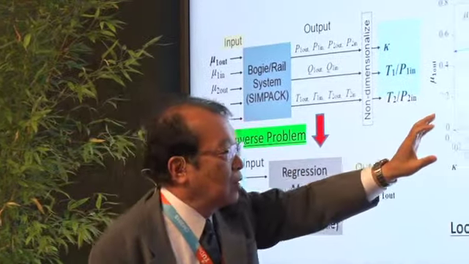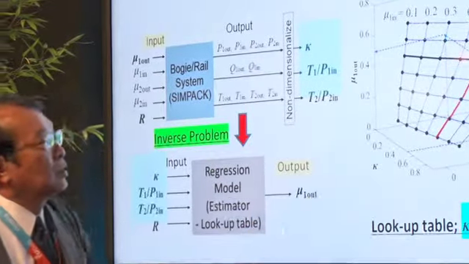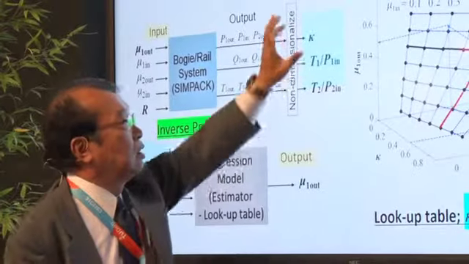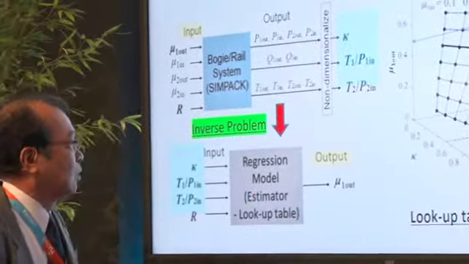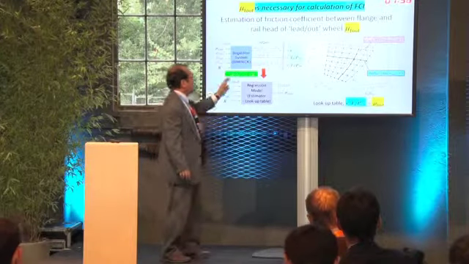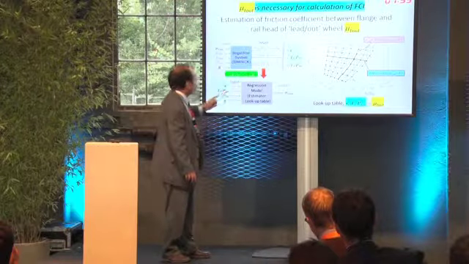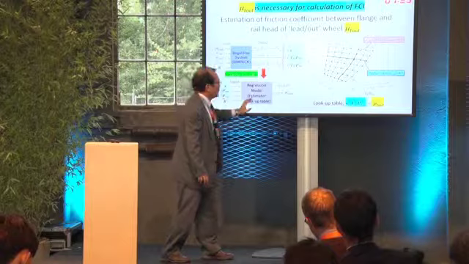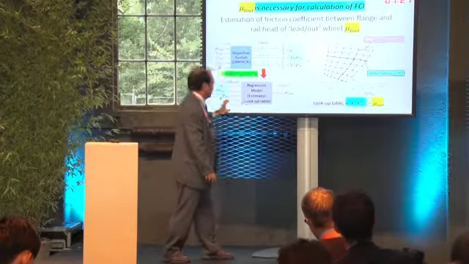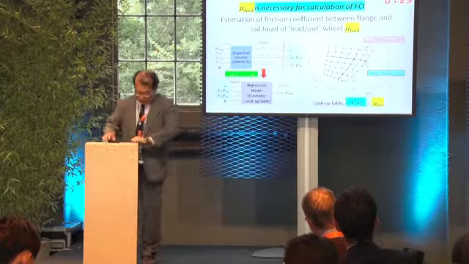And the lookup table is drawn from these variables. So, as an inverse problem, in this program we can get the mu1 value by using this lookup table.